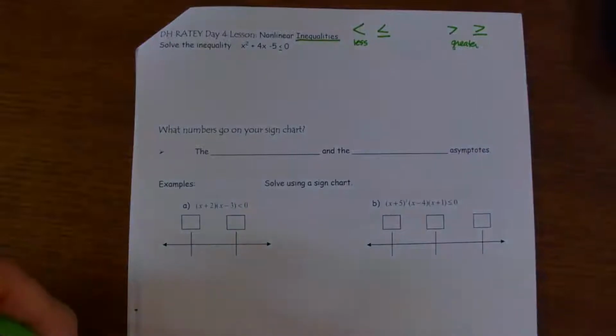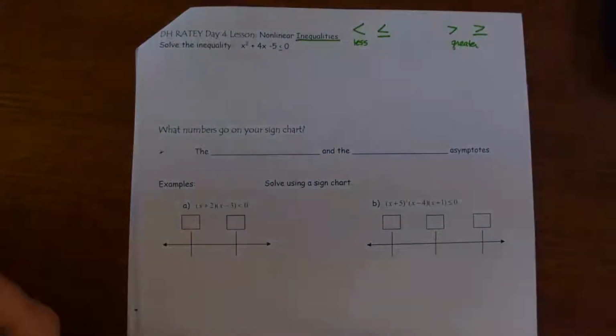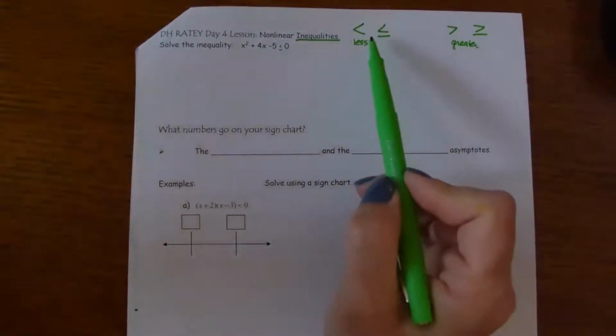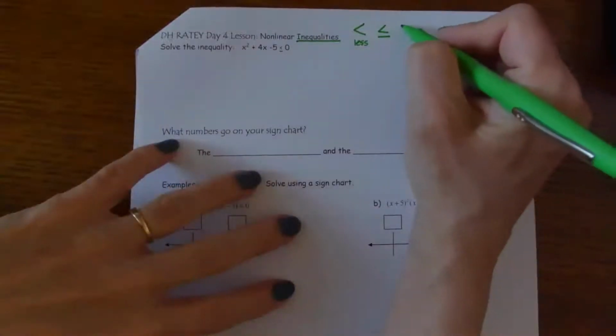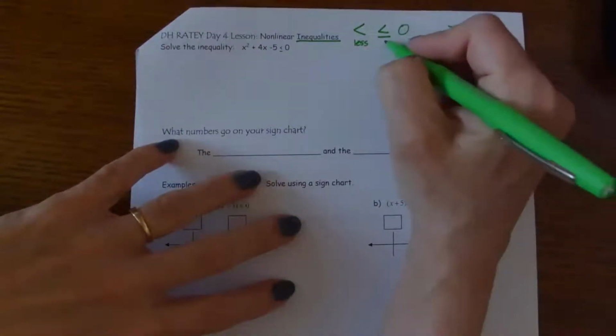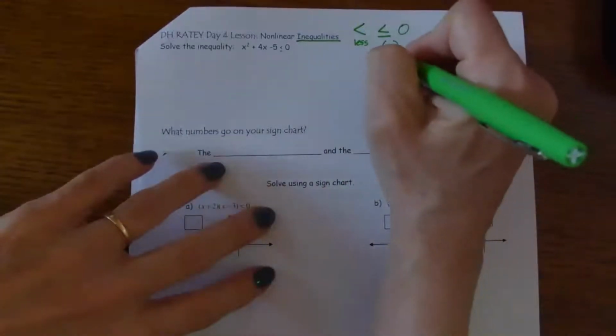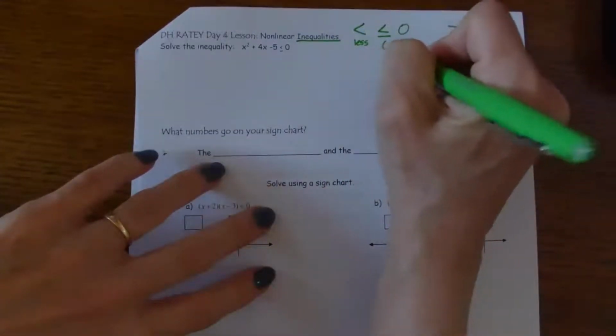The important part for you guys to remember, okay, think about the end game. We're going to get everything equal to 0, right? If you have an equation that's not equal to 0, you're going to make it equal to 0. So if we're saying less than 0, that means a negative number, and that tells you you're in the bottom of a fraction.